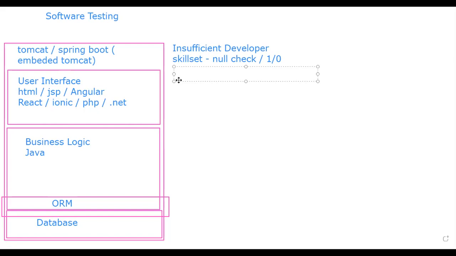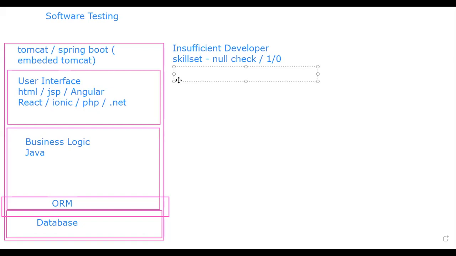Yes, because the developer does not know that he has to do a null check or handle the exception, or it is due to skill set. He doesn't know Java that well, so his code will not be that strong.